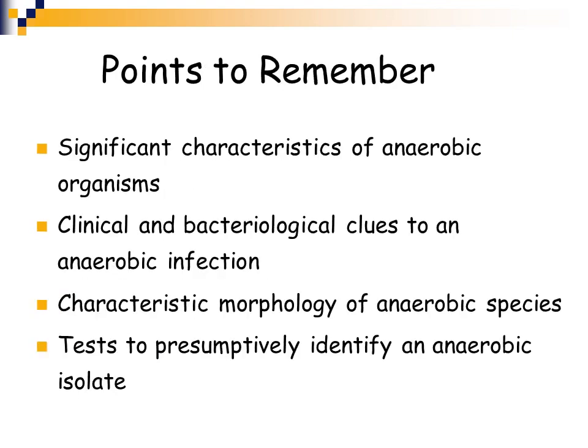Now, whenever you are considering an anaerobic infection, there are certain things you always want to remember. You want to remember those characteristics of the anaerobic organisms, those certain bacteriological clues. So those clues are that anaerobes usually are very foul smelling.